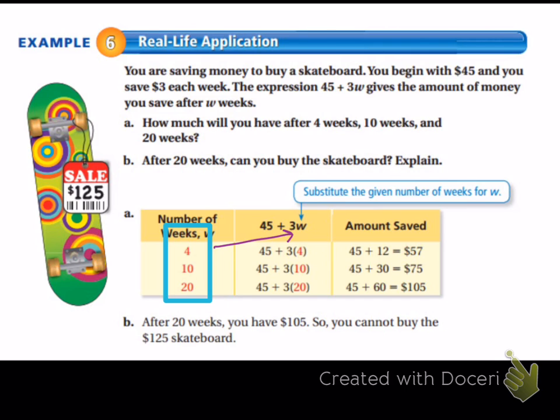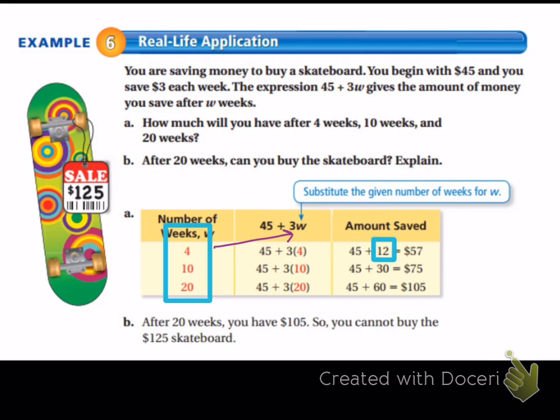If you notice, they solve for the 12 first because of order of operations. You multiply before you add, and after 4 weeks, you have $57. In B, it says after 20 weeks, you have $105. So you cannot buy the skateboard yet.